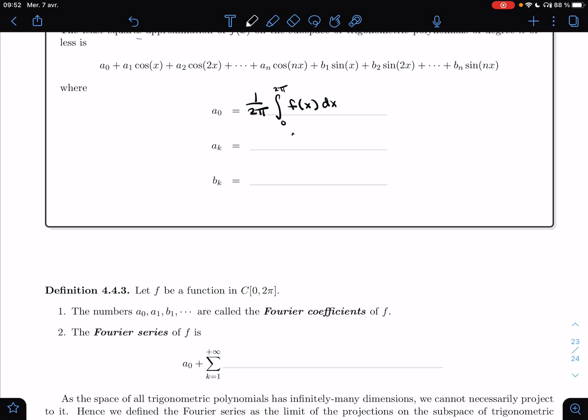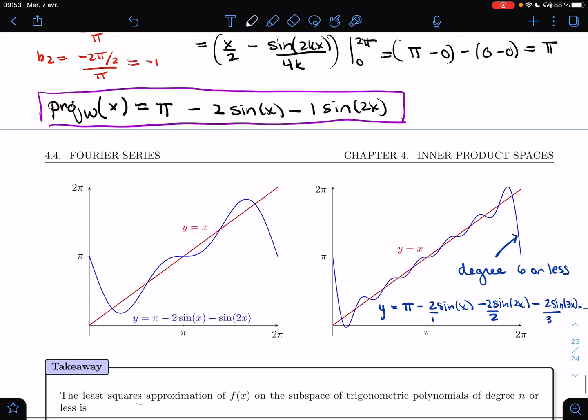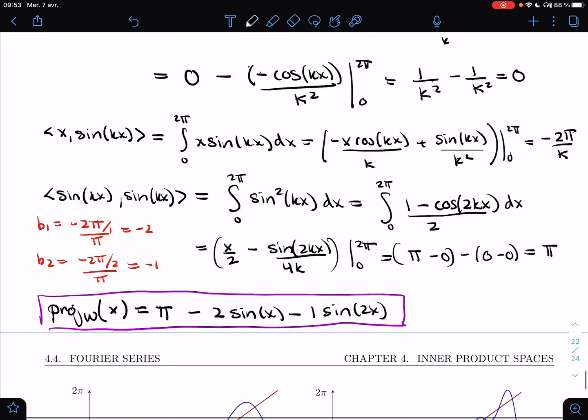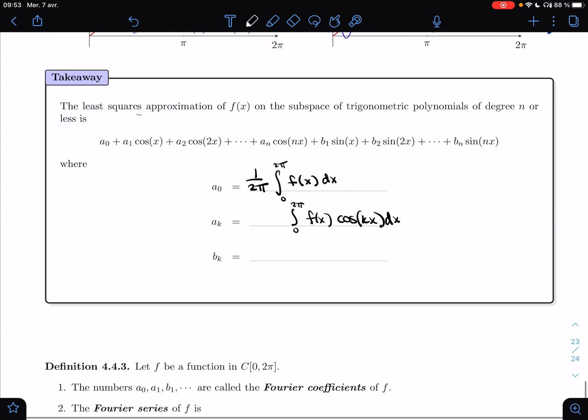Now, ak was the integral from 0 to 2 pi of f of x cos kx. That's the top, and that's the only part that depends on f. And so that's the only one that you have to do every time. And then we didn't find it, so let me give it to you.